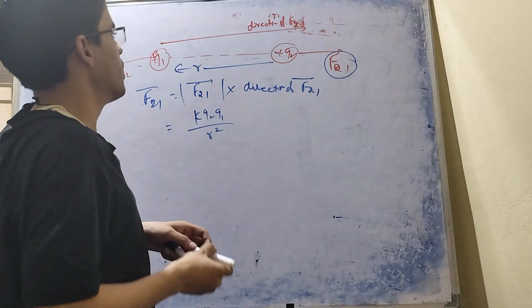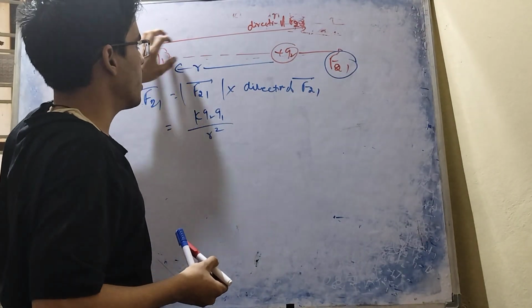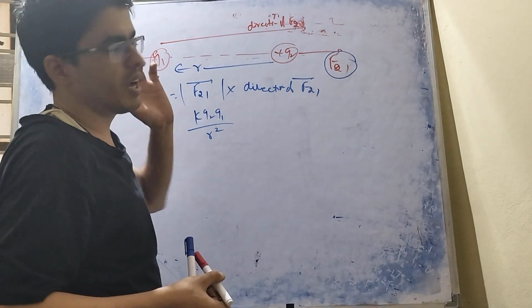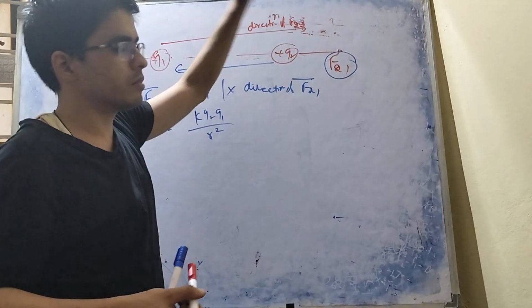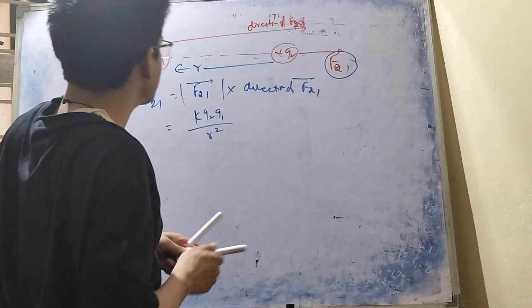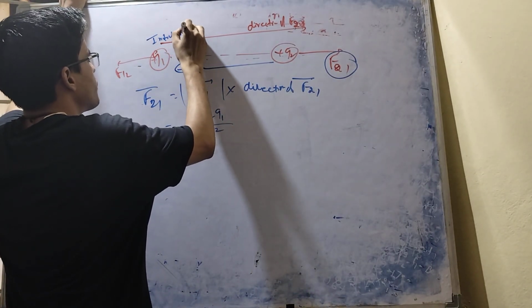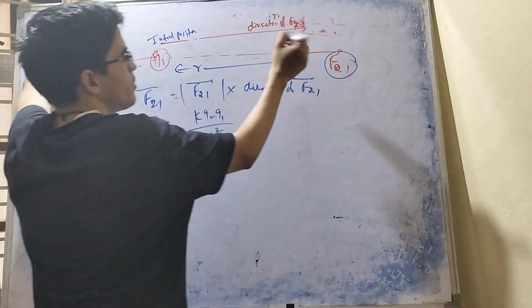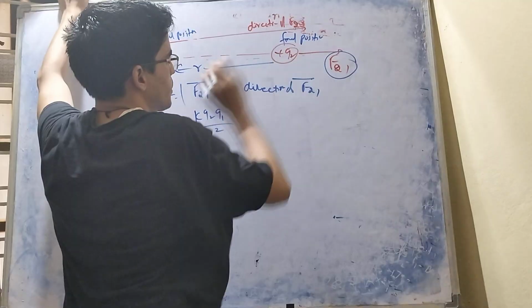Tell me, if you want to move toward the right direction, will this be initial or this be initial? I think you can tell, sir, this is initial and this is final, because it is along this line, right? So this will be the initial position, correct? And this will be the final position, correct? Check once again.